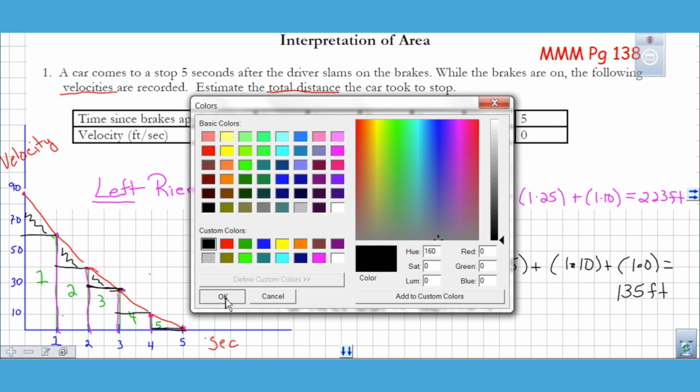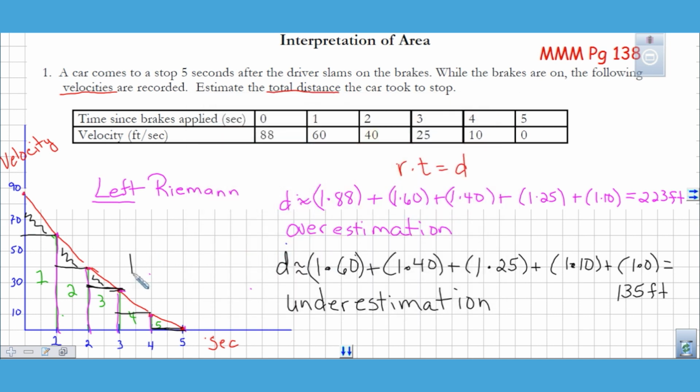I bet you can guess what you call this one. This is called a right Riemann sum, because you're asked to use rectangles to add up and estimate area, and you're asked to use the right-hand value as your height.